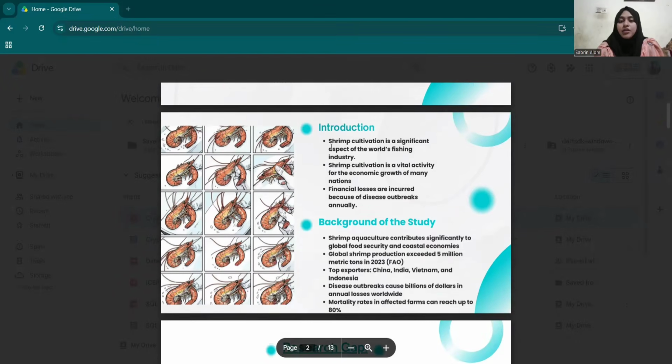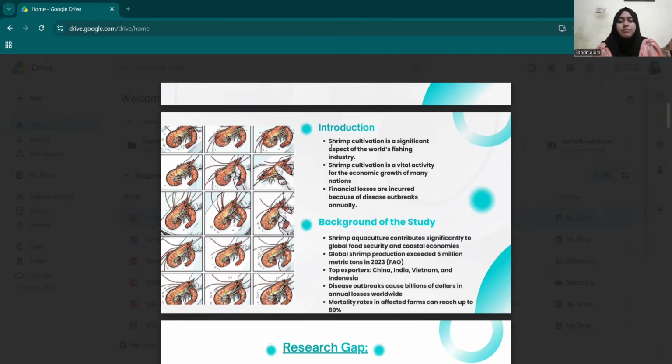Here is the introduction and the background of the study in this research paper. Let me start with some background. Shrimp farming, also called shrimp aquaculture, is one of the most important industries in the world.